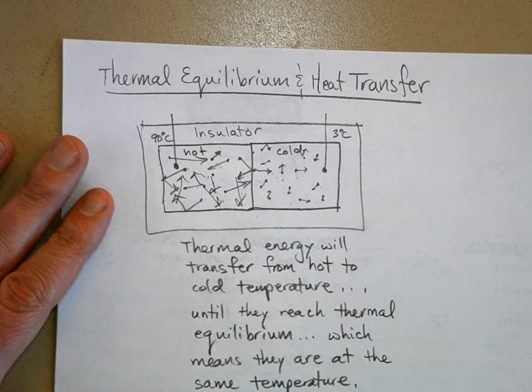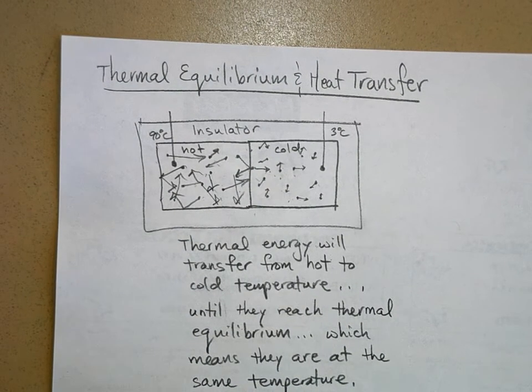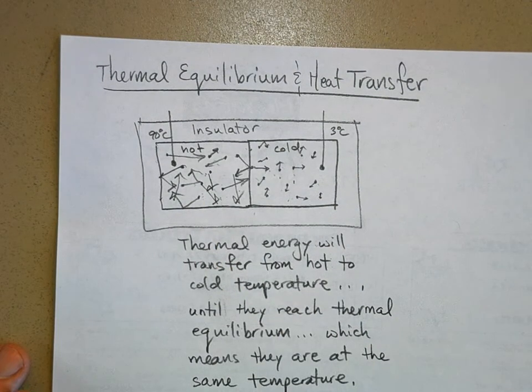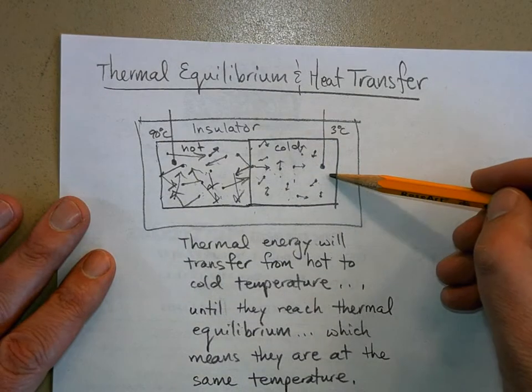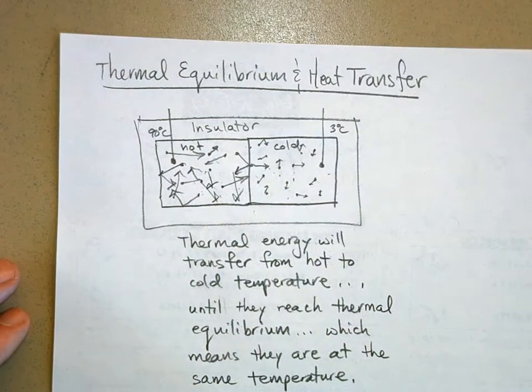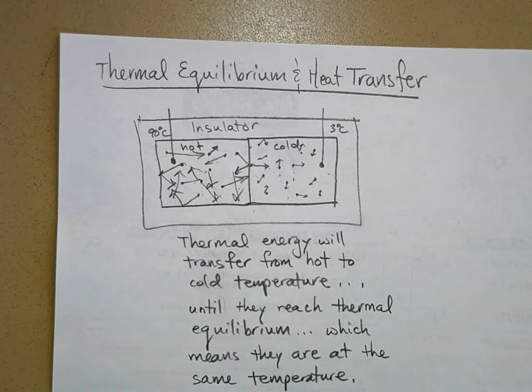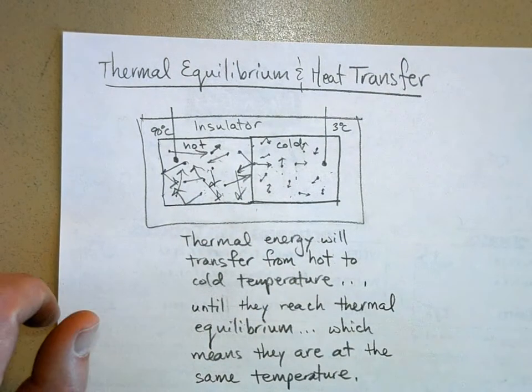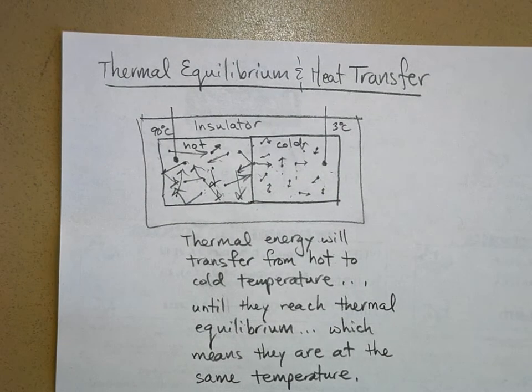Okay, now this is a big deal. Thermal energy will transfer from high to low temperature. You'll never see the opposite. You'll never see the cold stuff getting colder and the hot stuff getting hotter. Now, that would conserve energy. You could make the cold stuff colder, extract energy, and make the hot stuff hotter, but that never happens.